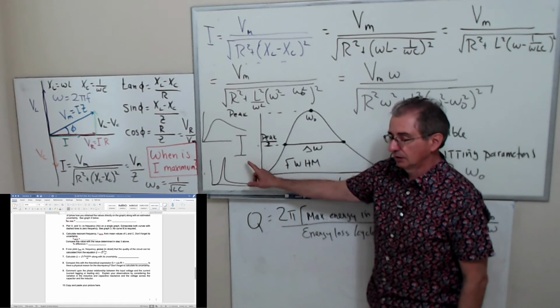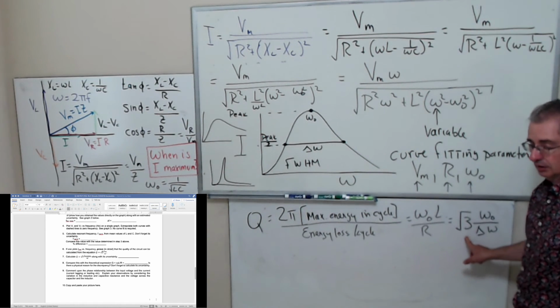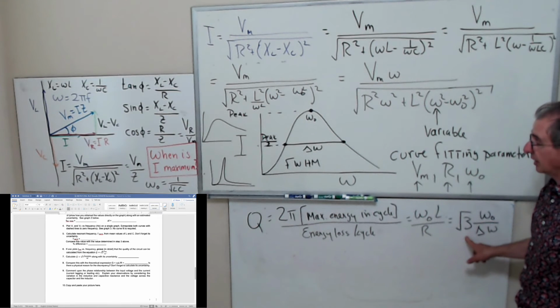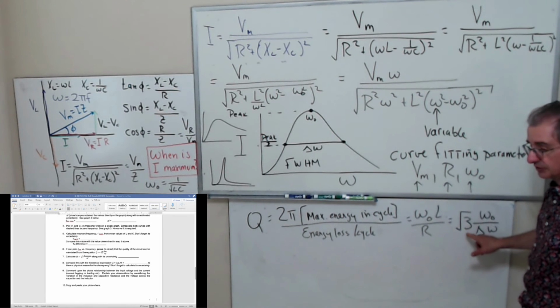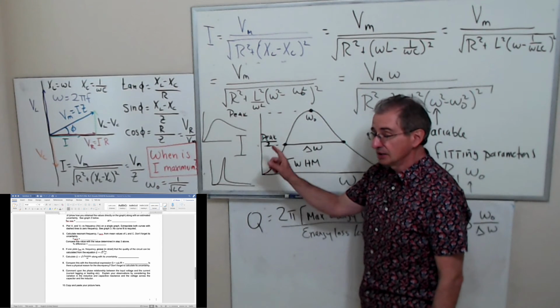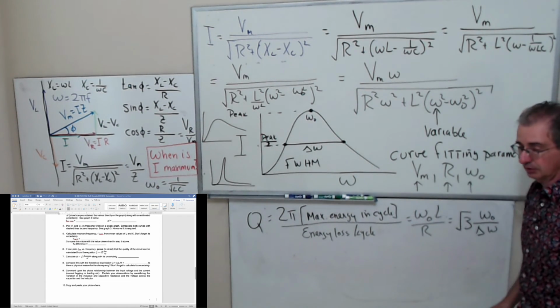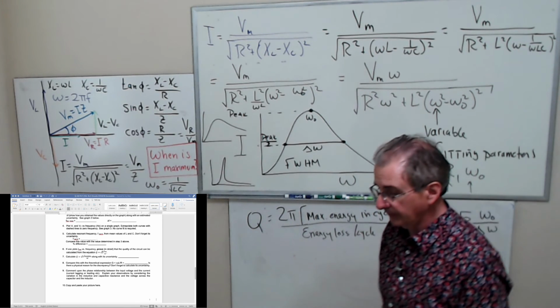If I was plotting power versus omega, that square root of 3 wouldn't be there. It's only there because I'm plotting I versus omega, not P versus omega.